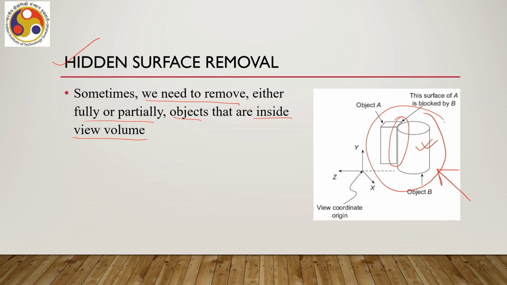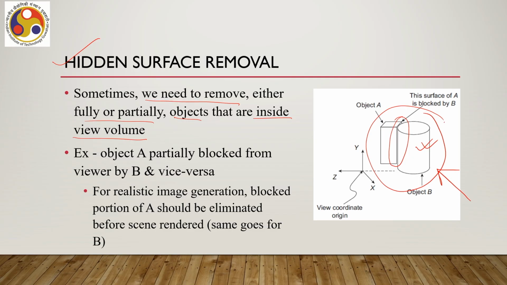To further reduce computational complexity, we ideally should remove this surface before projecting the other vertices onto the view plane. This process of identifying objects that are not visible from a particular viewing position is called hidden surface removal.